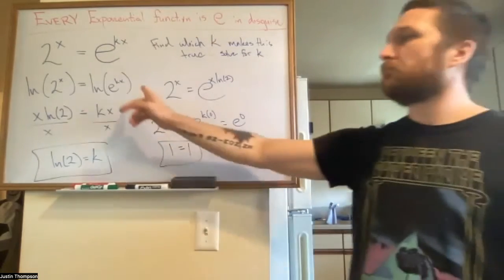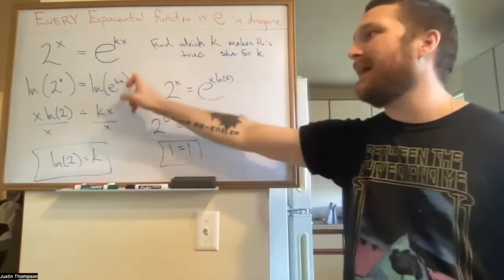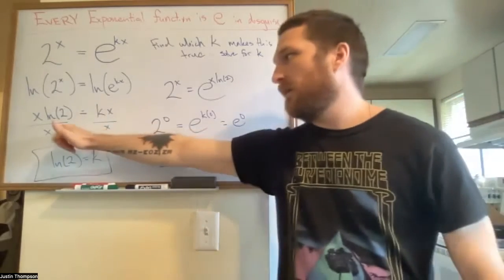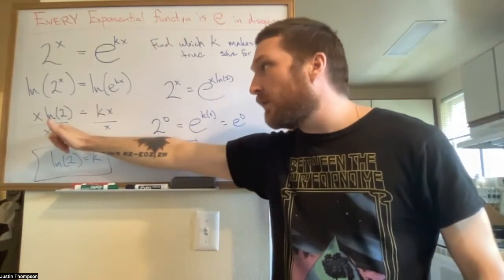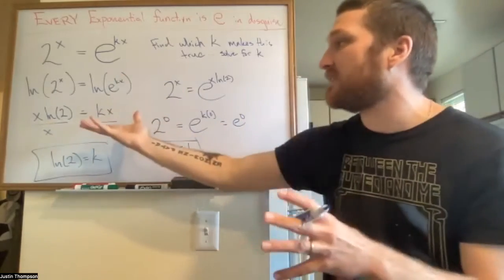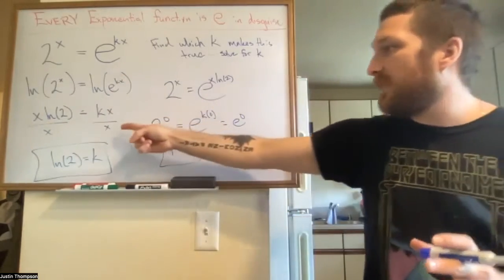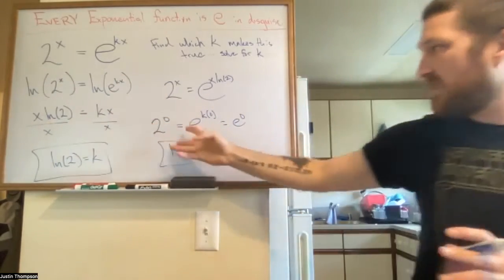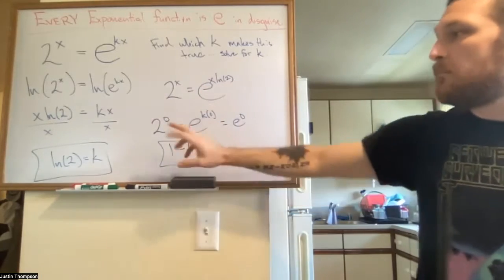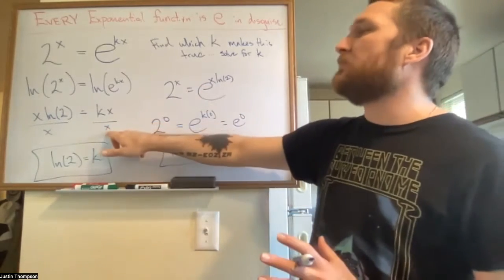And so the only problem we may have had is when we divided here, because you can't divide by 0, so your result might not be true for every single value of x. But we've seen that when you plug in a 0, it's already true. So it doesn't matter what value of x you used.